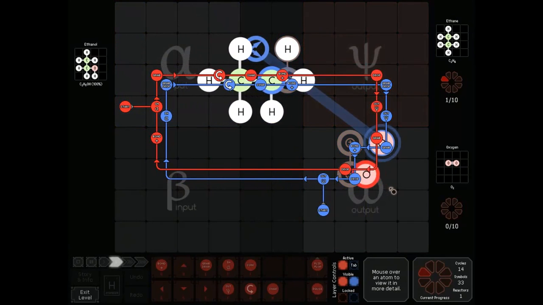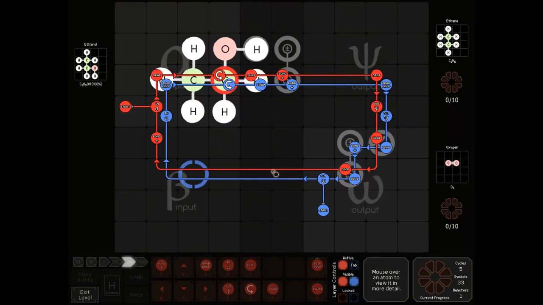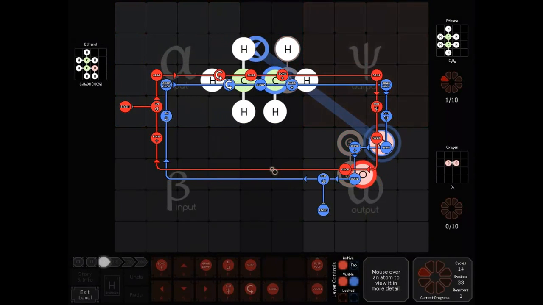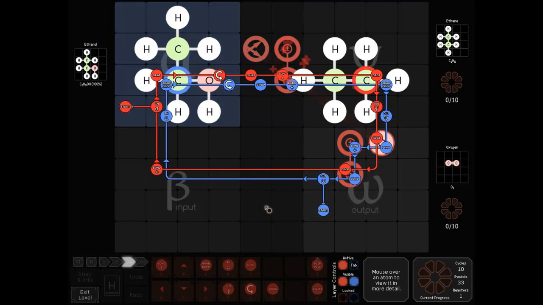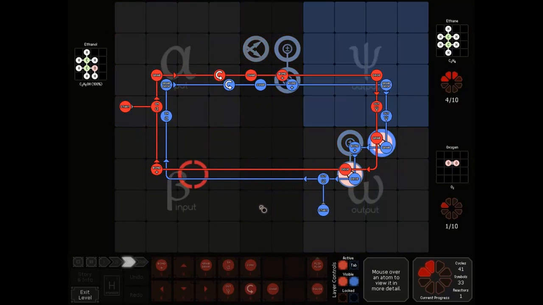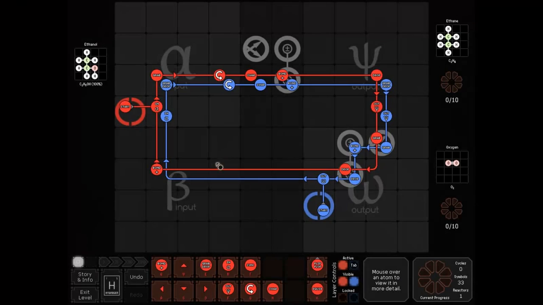Okay, this should still work, but I think it's the exact same time. What the heck was that? Oh, this bond needed to be here. That works. I think this is the exact same solution, yeah. That's the kind of game this is. I'm going to have to stare at this a while again.